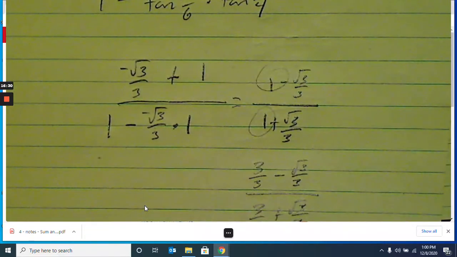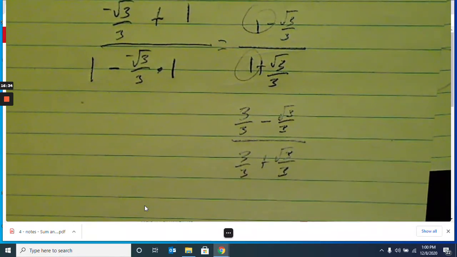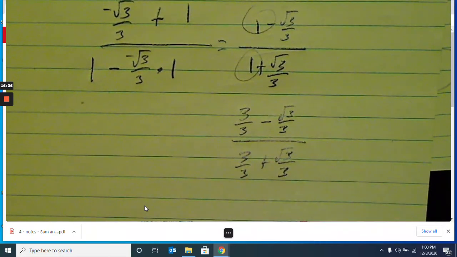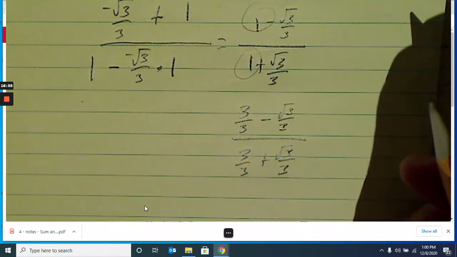And then we're going to do some math here. It looks like I'm going to multiply. Oh, I didn't want to do that. Well, yeah, it's what I wanted to do.